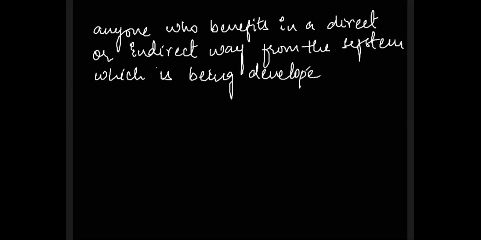So this is the definition for stakeholder. Any person who gets a benefit from the development of this software in a direct or an indirect way is called a stakeholder.